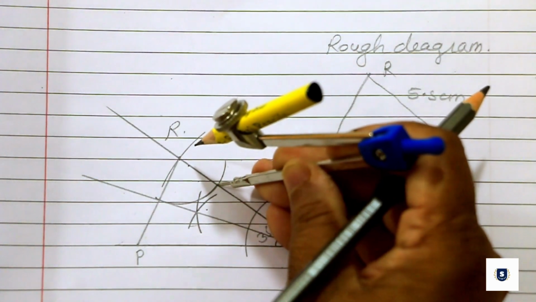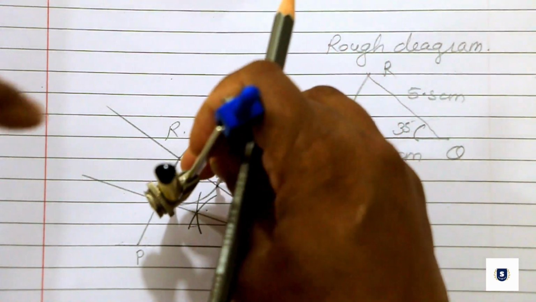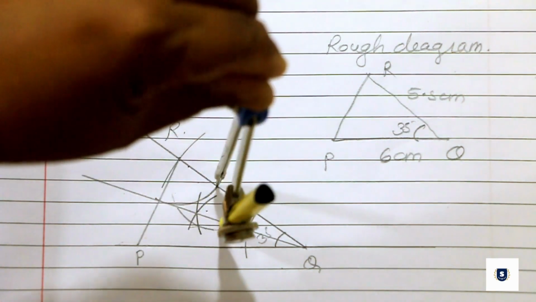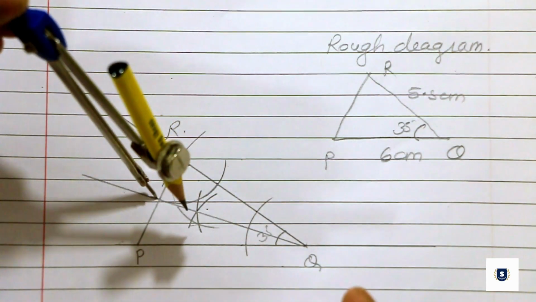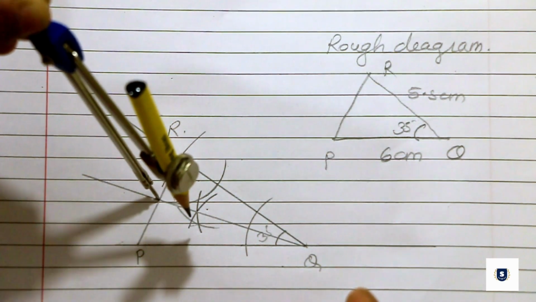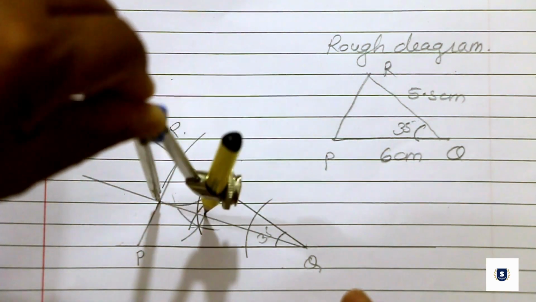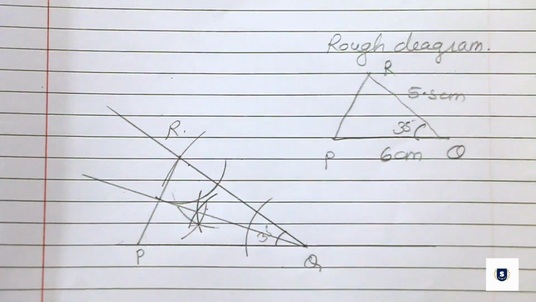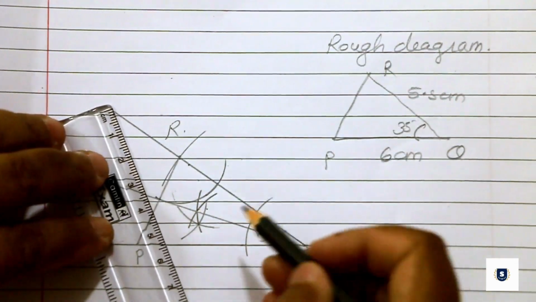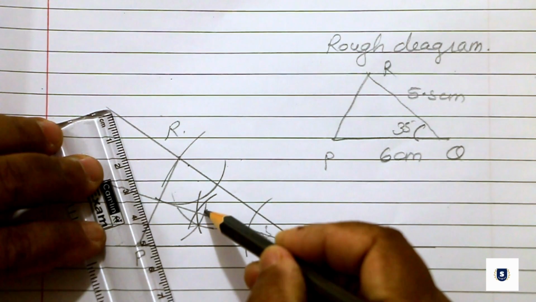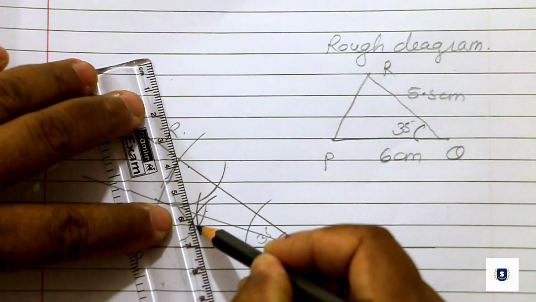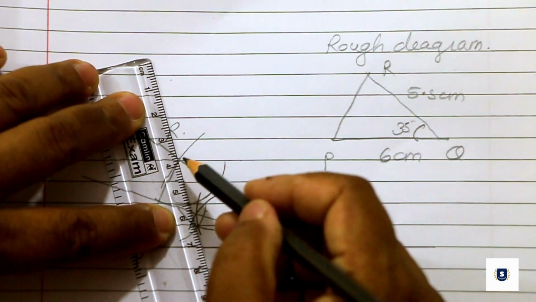Keep the pointer here; it should be more than half of the arc. Give an arc here. Keep the pointer here and give an arc here. This is the point where both arcs intersect. Join this point.